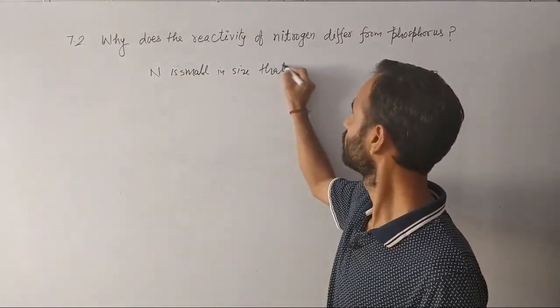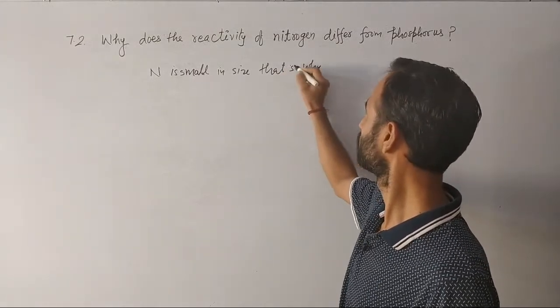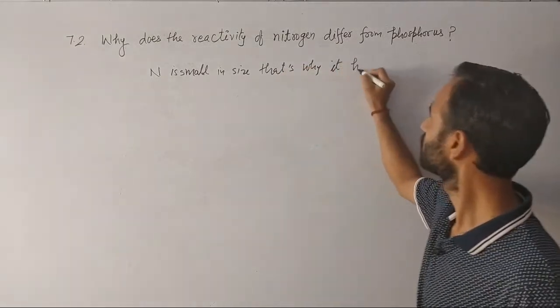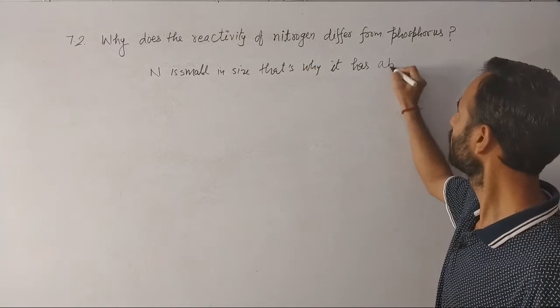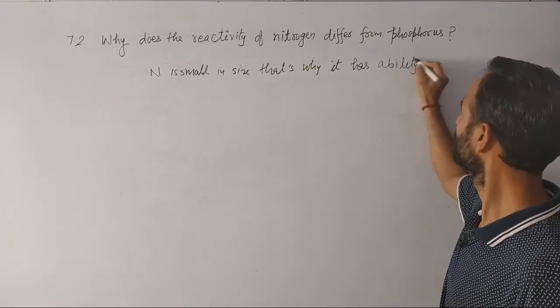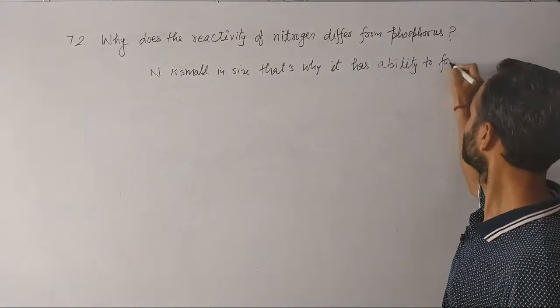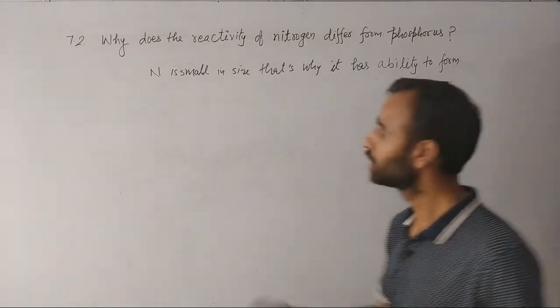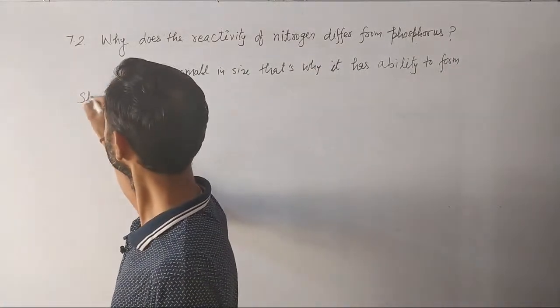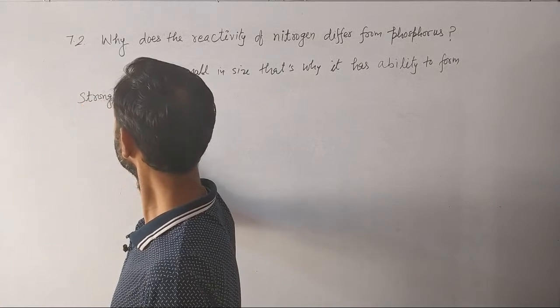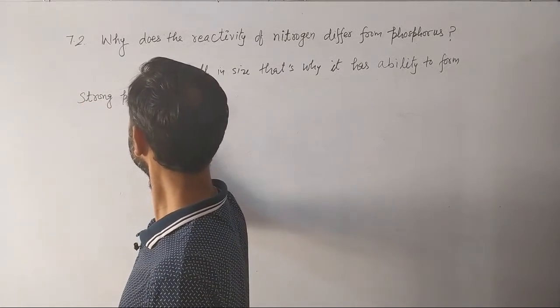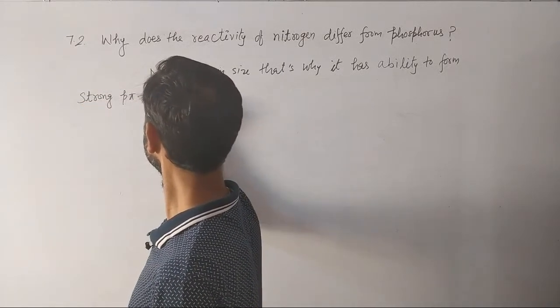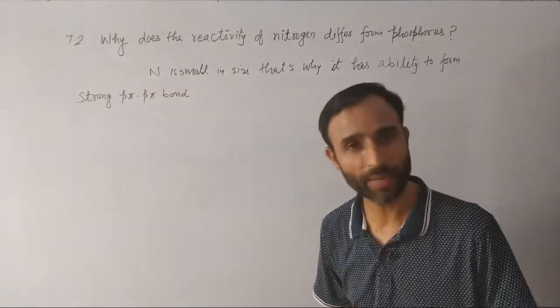What I said, nitrogen is small in size, that's why it has the ability to form strong p-pi bond.